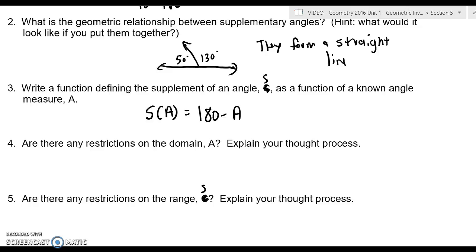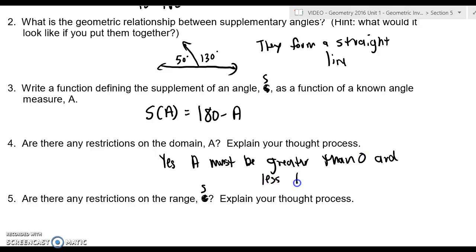Just like we had before, we want to make sure we're greater than 0, this time less than 180 degrees. We don't want to get those negative angles.